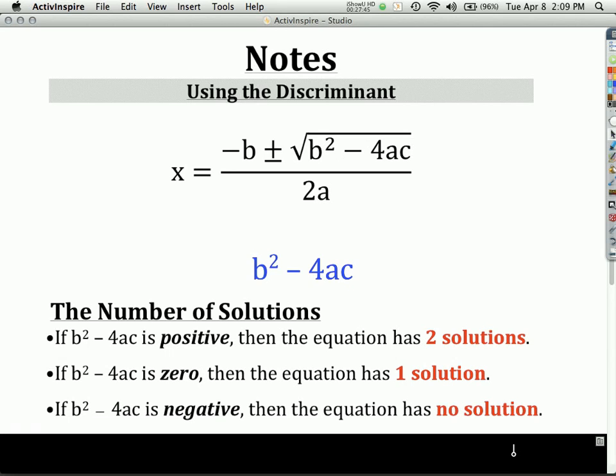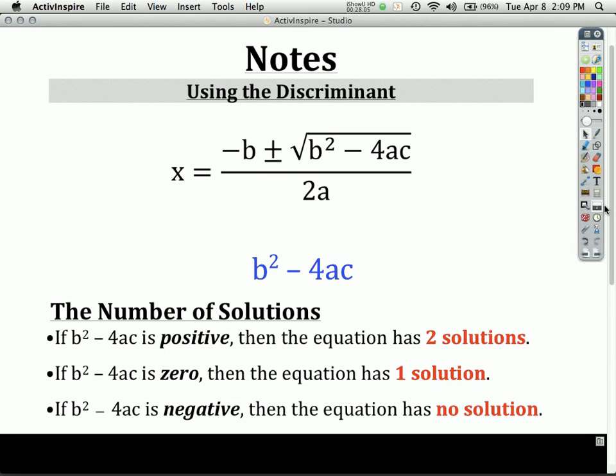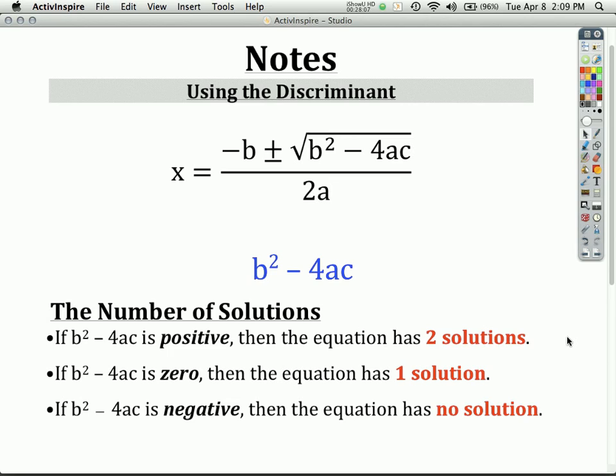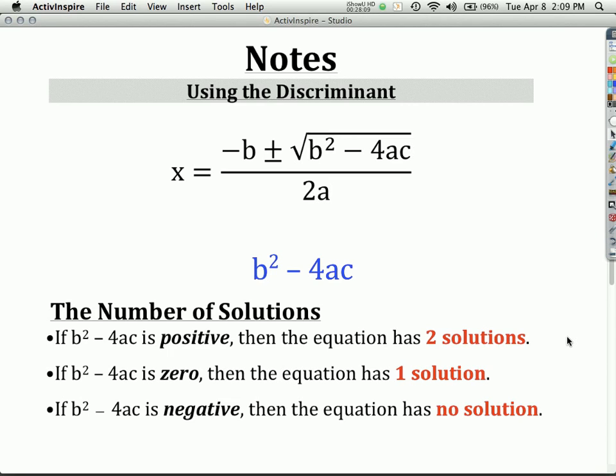If it's negative, you learned during 10.4 that you cannot take the square root of a negative number. If it's negative, then there's no solution because you actually cannot take the square root of the negative number. So this is the idea of the discriminant. Any questions so far?